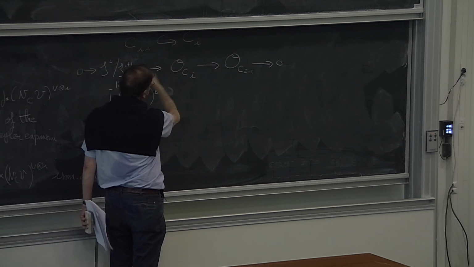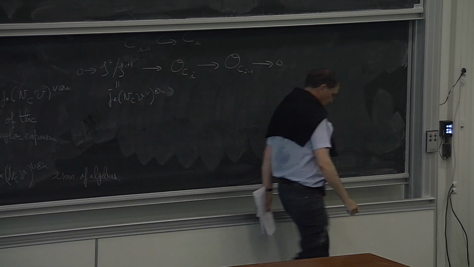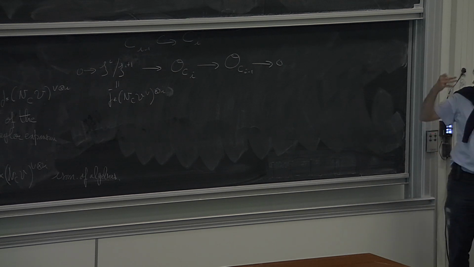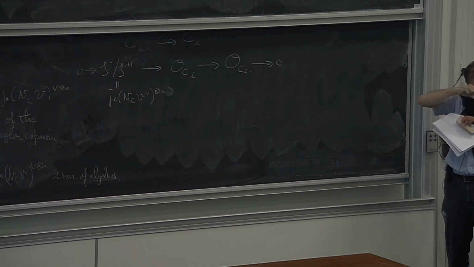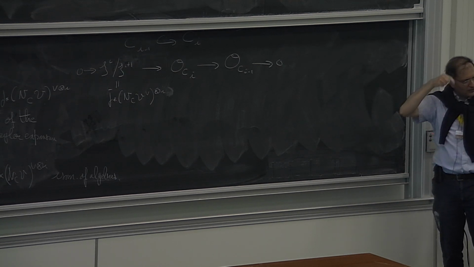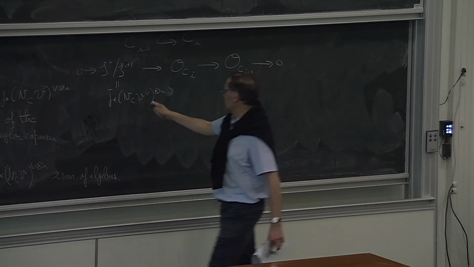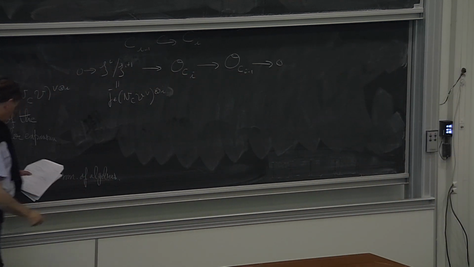So it means that the kernel is a coherent sheaf supported by C_i, but actually it's not supported in the whole thickening. It's supported by the curve C itself. And it's given by this line bundle.